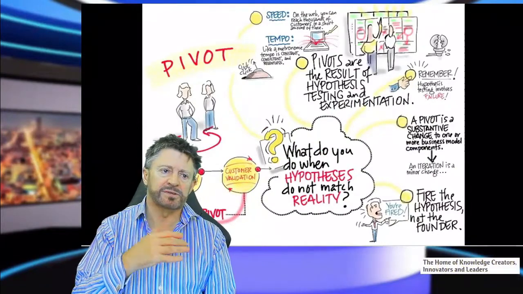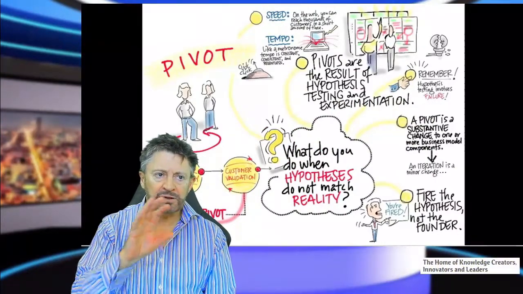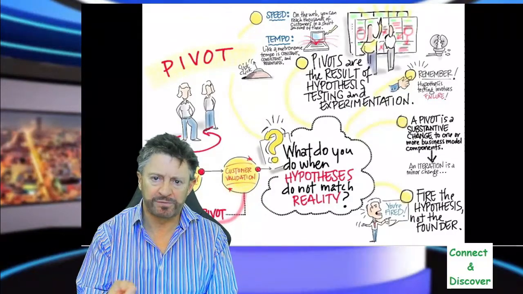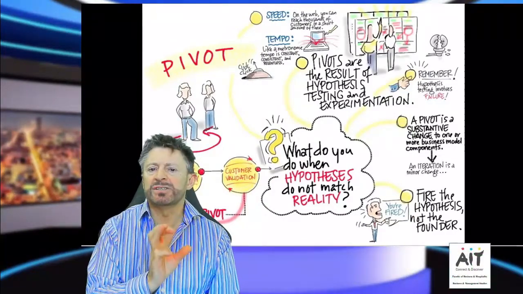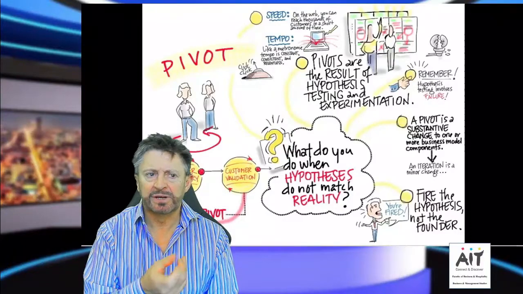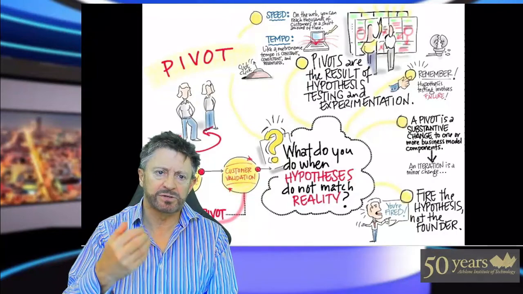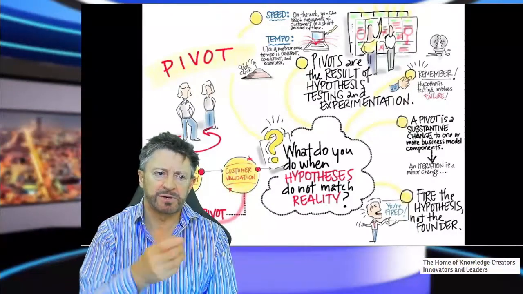A pivot is quite simply customer validation: it comes back, they give you different information or more information, and you say, well, now I'm going to have to change maybe one of the features in my product because these newer customers are telling me something different or something new, and I need to build that in. That's a pivot.